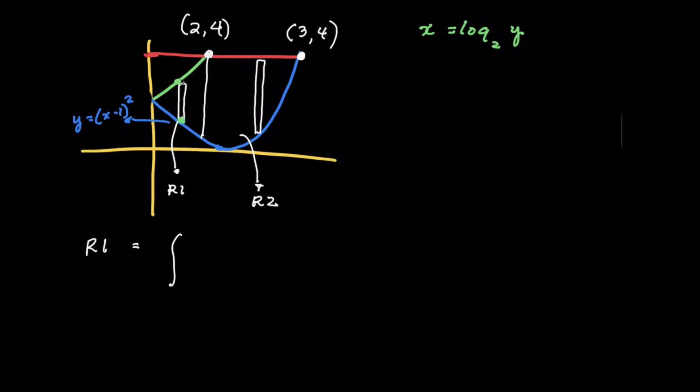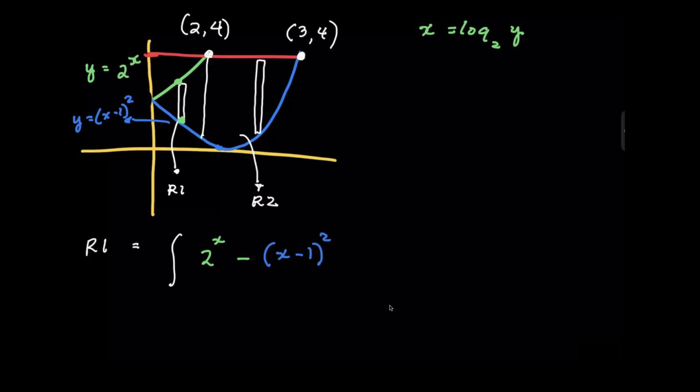We have to solve for y in terms of x, but recall that that is y = 2^x. Understand? So therefore, for region 1, the length is the higher value, which is the green one, 2^x, minus the blue one, (x − 1)².